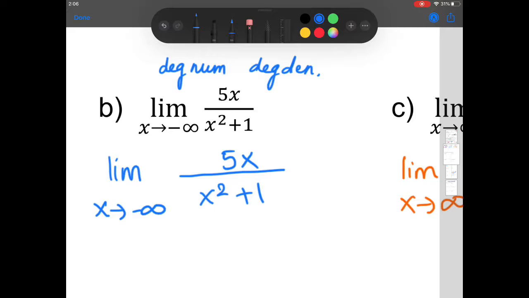B. Okay, so again, let's get started with comparing the degrees of the numerator and the denominator. I rewrote the question so we have enough room here to work with. So the degree of the numerator is degree 1, and in the denominator it's degree 2. So basically I can say the degree of the numerator is less than the degree of the denominator.